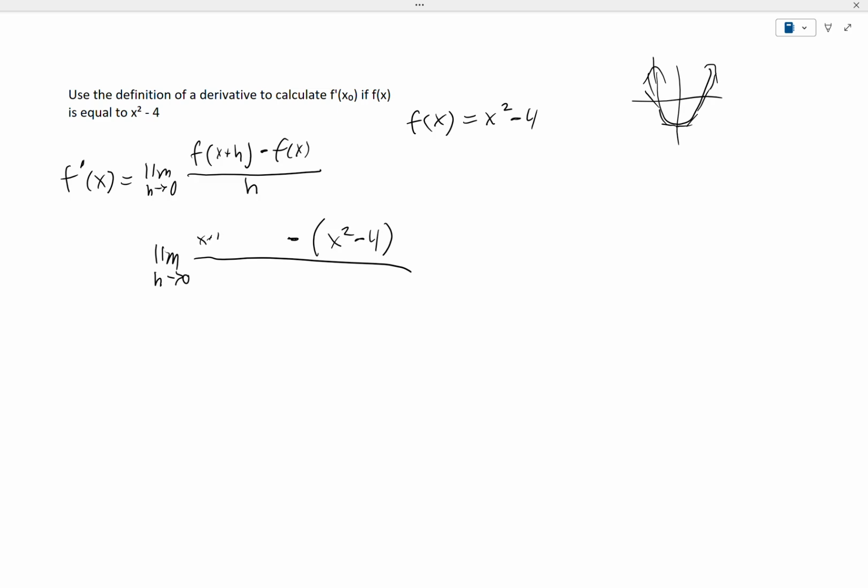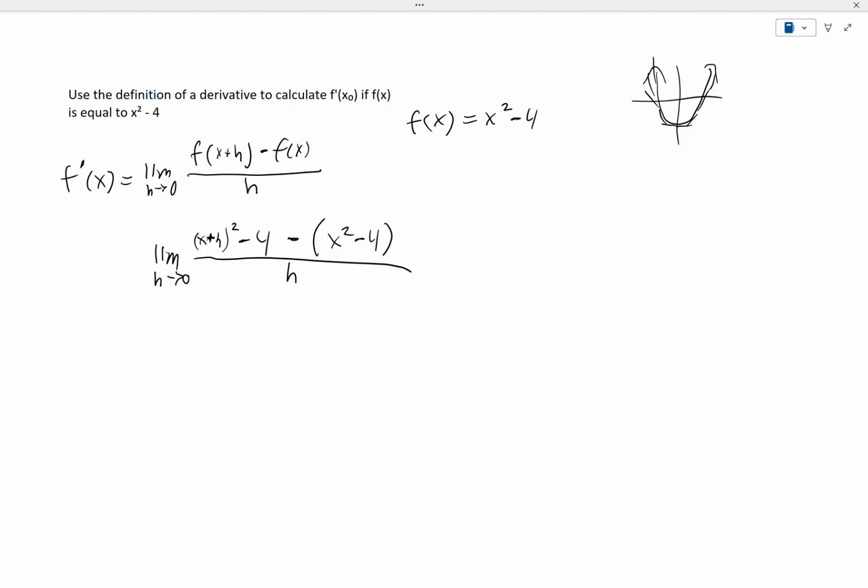So this is going to become x plus h squared minus 4. So see, instead of x squared, I did x plus h squared. And that is all over h. And I'm taking the limit as h goes to 0.